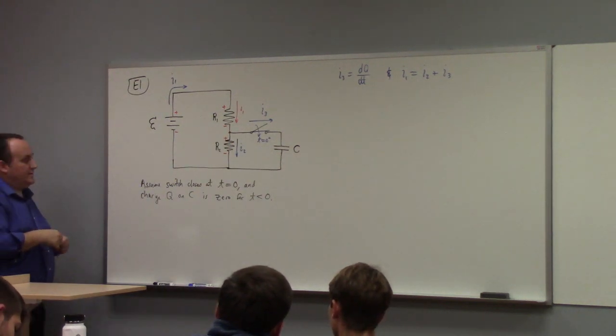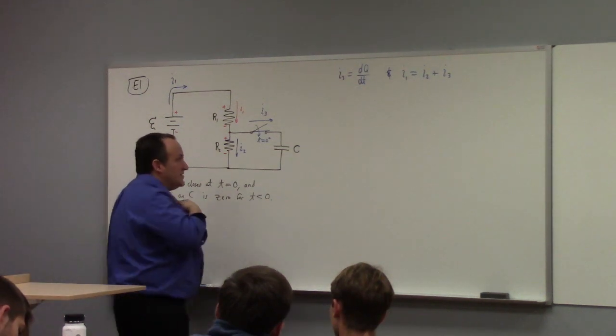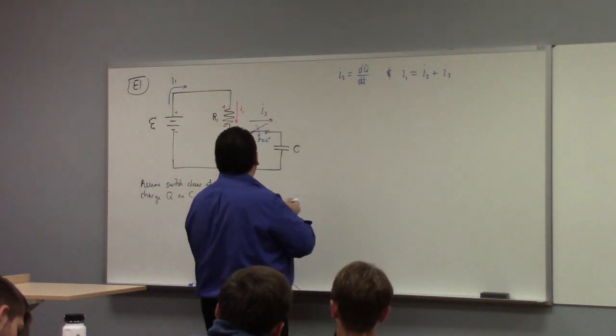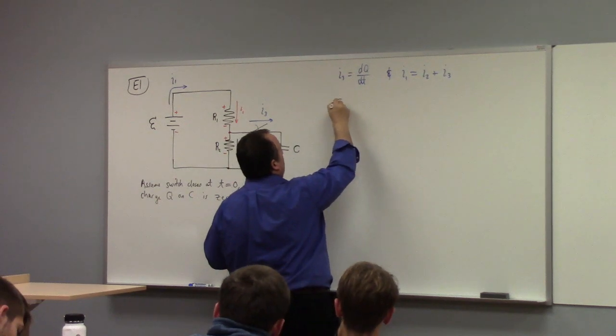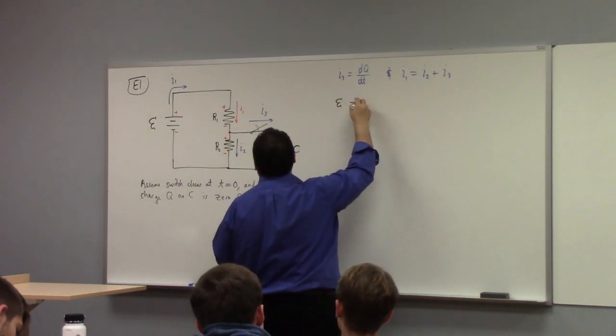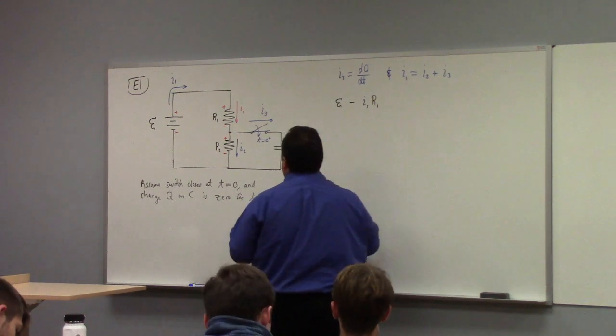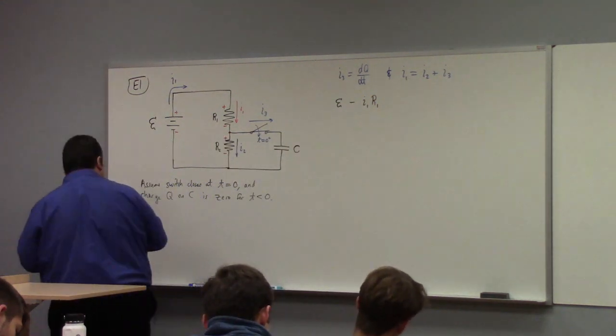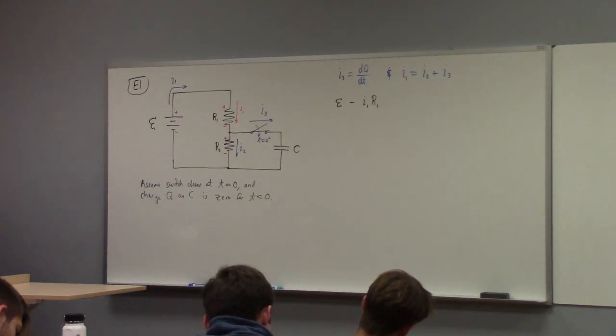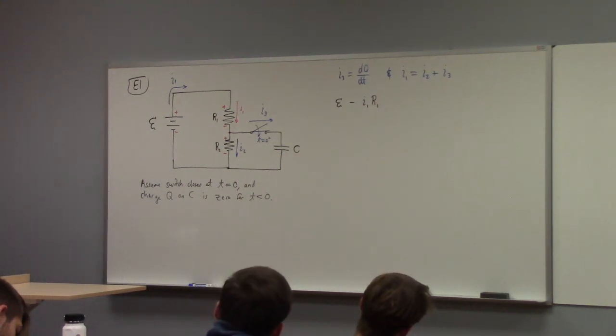And I also can say that, let's see here. So I've got E minus I1 R1, right? Let me put the loop.